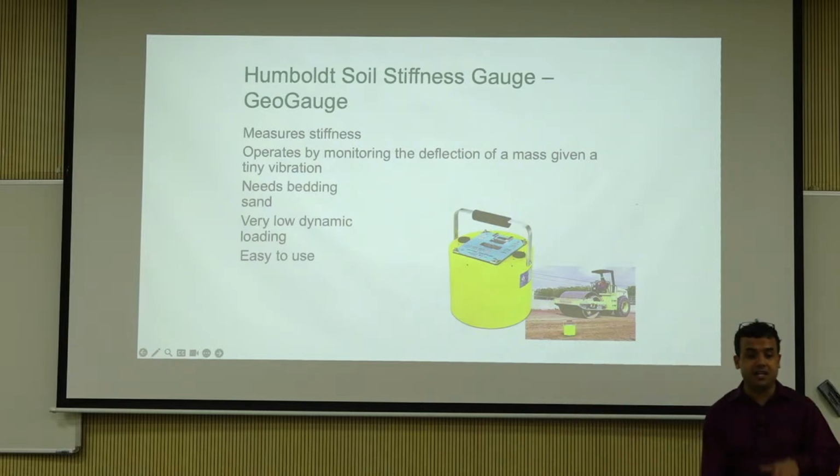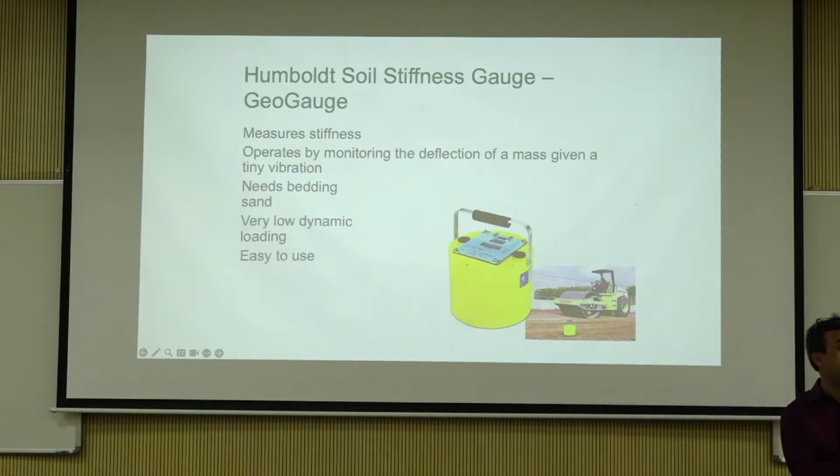It's good for near surface measurements. So for example, if you have a thin layer, like only a 3-inch thick layer, then if you do an LWD or something, the influence bowl is going to go beyond that 3 inches. This gives you a good number.